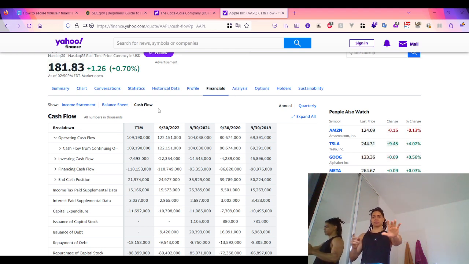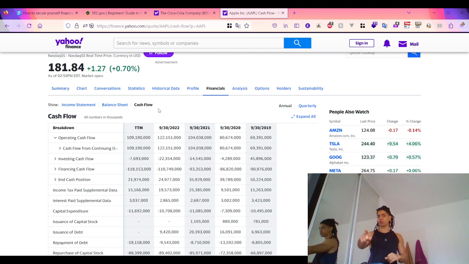For example, amortization and depreciation or stock-based compensation, just to mention a few.